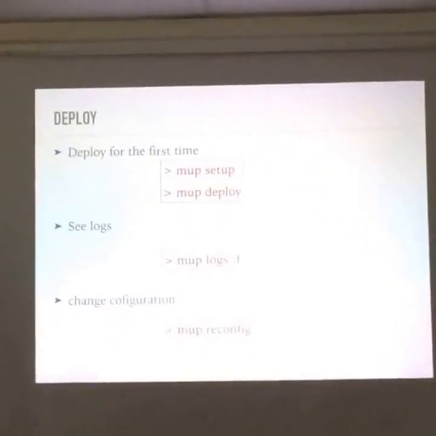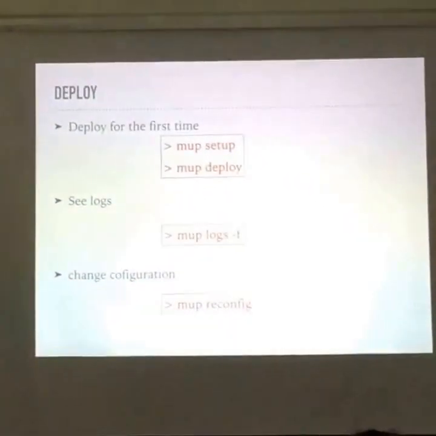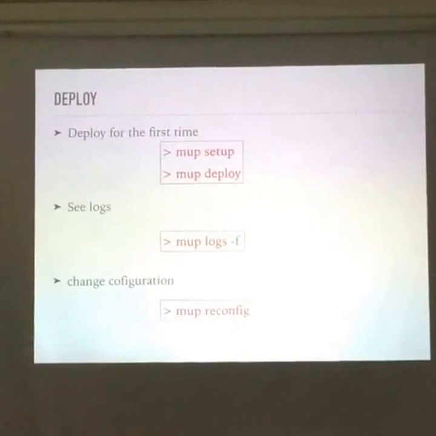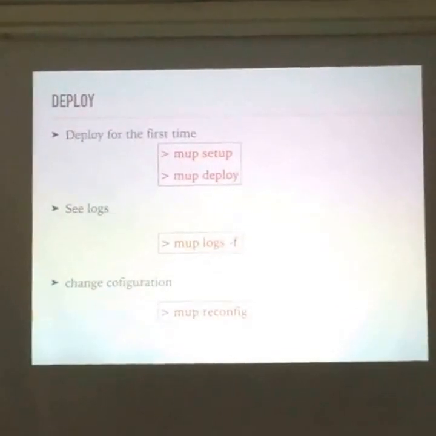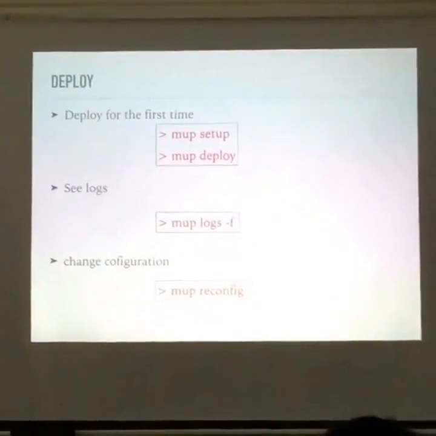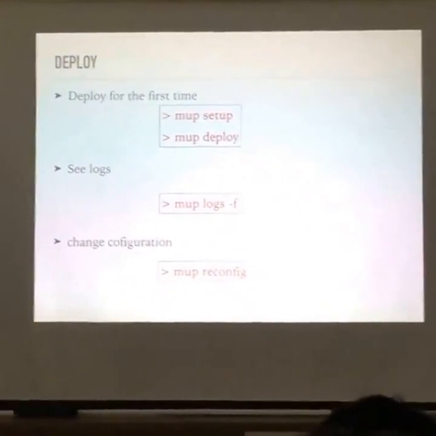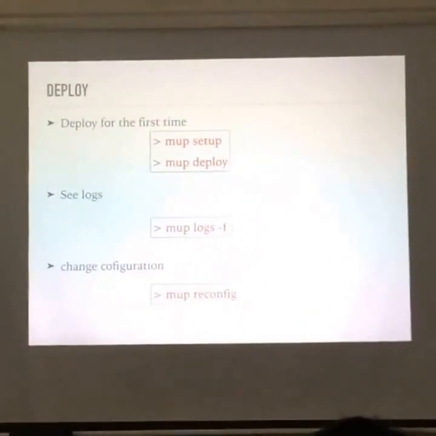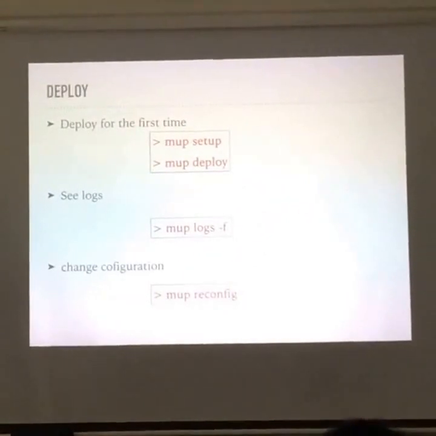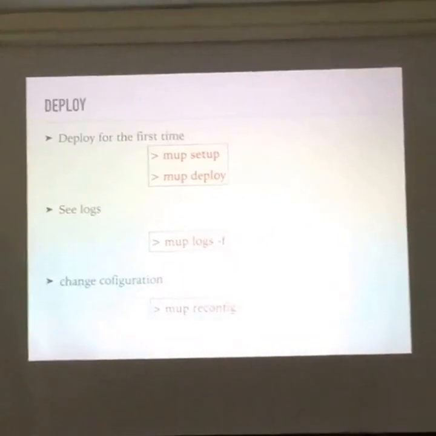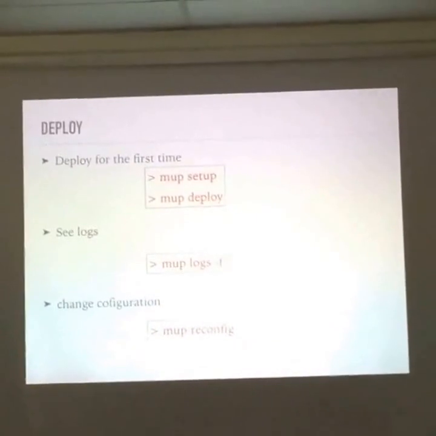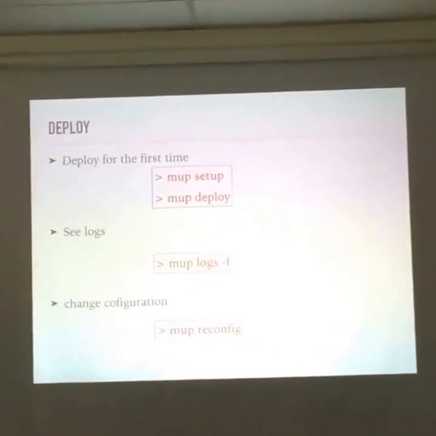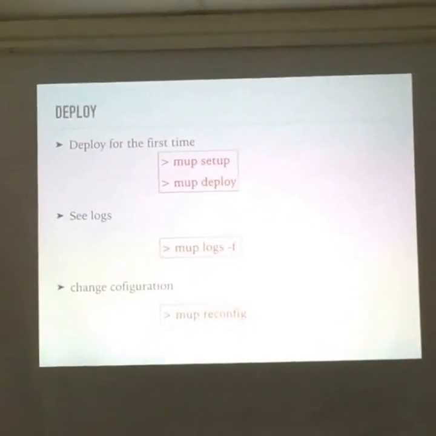And after that, you can type mup deploy to deploy the application. This will bundle the app, push it to the servers, and after that, it runs on the servers. Okay, if you want to see the logs of the system, just type the command, and if you want to change the configuration, just run mup reconfig, and this will do the rest for you.